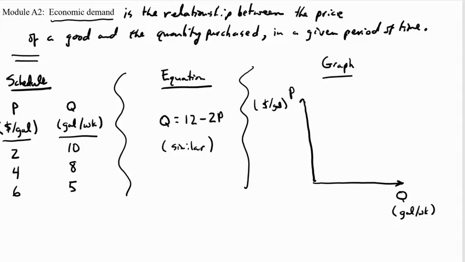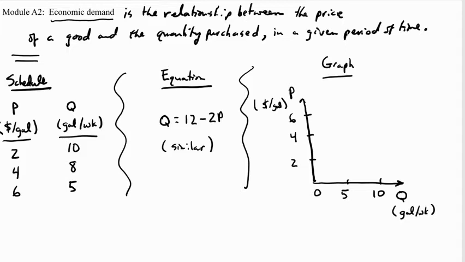Price goes from, say, $2 up to $6. So we can show that on the graph, $6, $4, and $2 per gallon. And let's let the quantity per week that is purchased go up to 10 gallons per week and down to 5 gallons per week. And we'll start with 0 gallons per week on the axis.